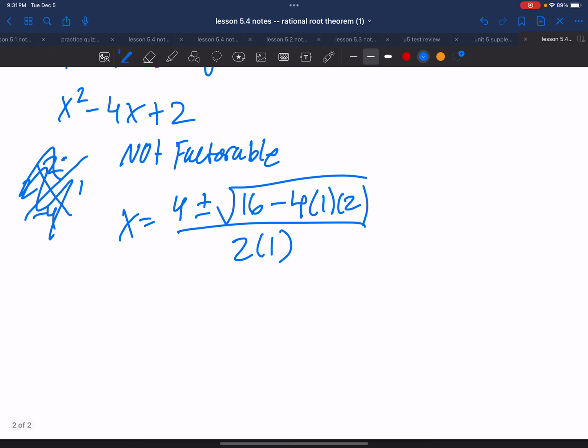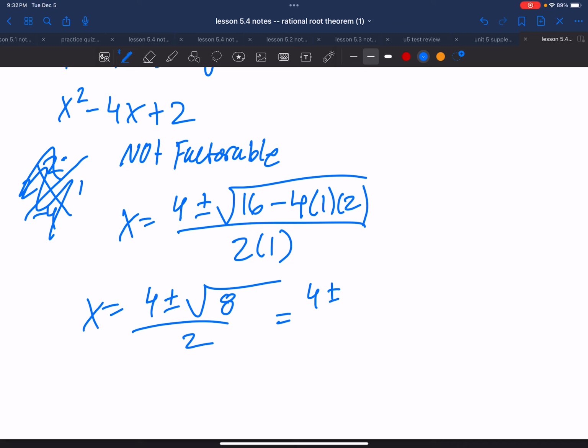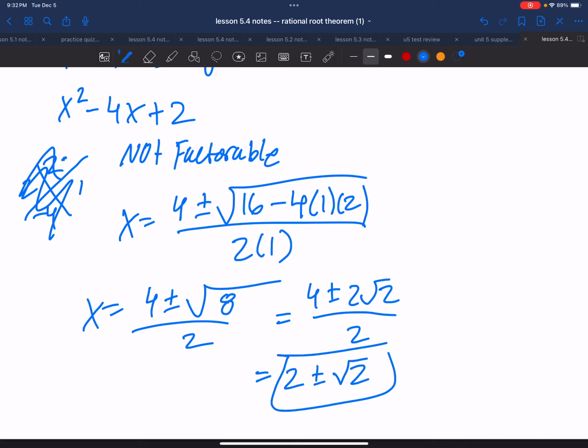Yeah, that's just my variation where I actually explain what I'm plugging in instead of just singing the song. So x is 4 plus or minus, what is that, 16 minus 8, which is 8. Oh my gosh. Over 2. And simplify square root of 8. You should find that it's 2 root 2. Hey, if you need a second to figure that out, you can. Pause the video, figure out why root of 8 is 2 root 2. 4 over 2 is 2, and 2 over 2 is 1, so it's 2 plus or minus root 2.